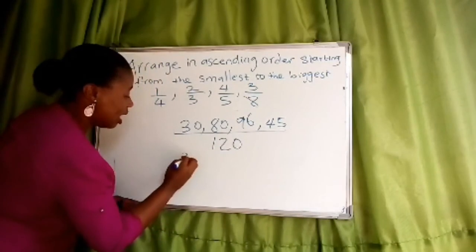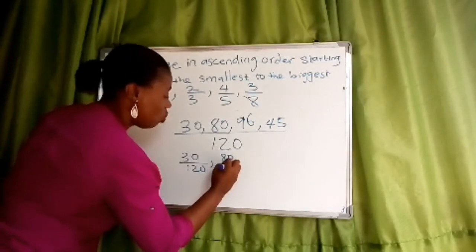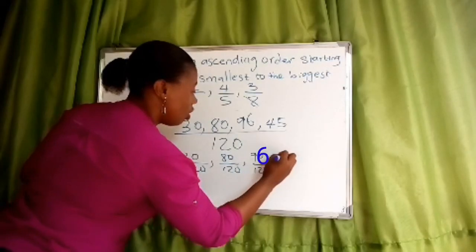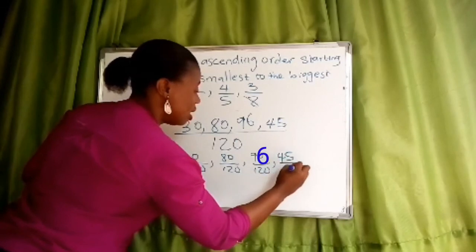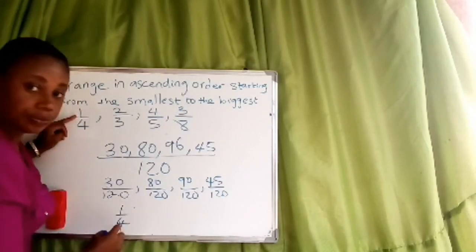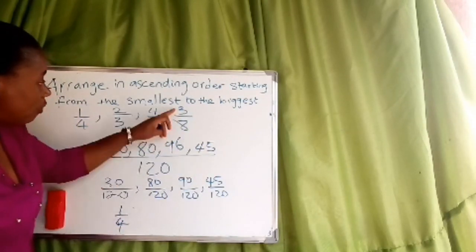It's the same thing as writing 30/120, 80/120, 96/120, 45/120. From the smallest, this is 30, and that is for 1/4. Followed by 45, and that is for 3/8.